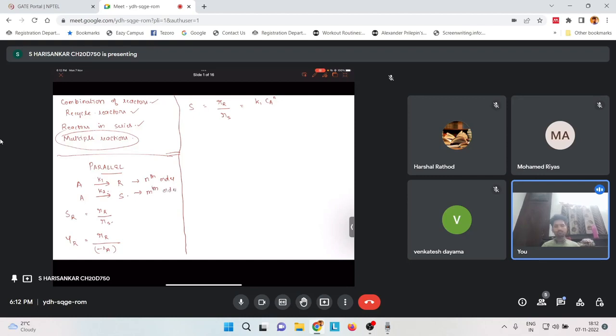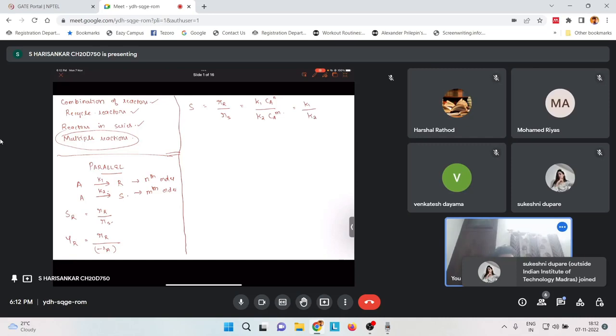Okay, so just for namesake. So RR will be K1 Ca raised to n and RS will be K2 Ca raised to m. So this will be K1 by K2 Ca raised to n minus m.